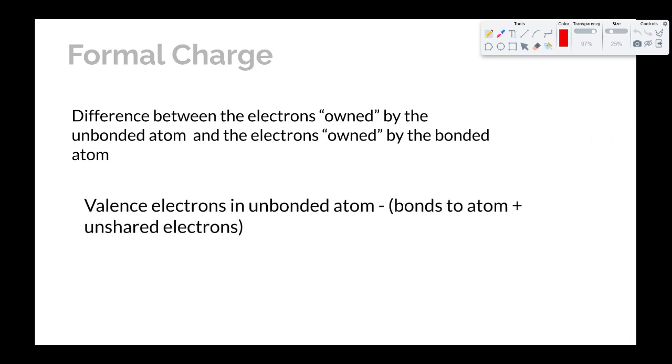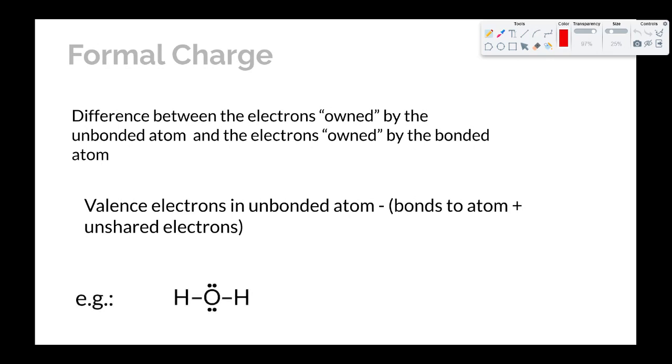To calculate it, you think about the number of valence electrons in the unbonded atom. That's the normal number, like column 5s, like nitrogen, that's 5. Column 6s, like oxygen, that's going to be 6. Then you subtract from that 1 for each bond to the atom and 1 for each unshared electron. Not electron pair, but each unshared electron.